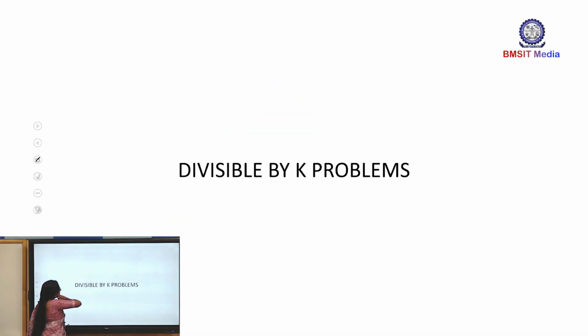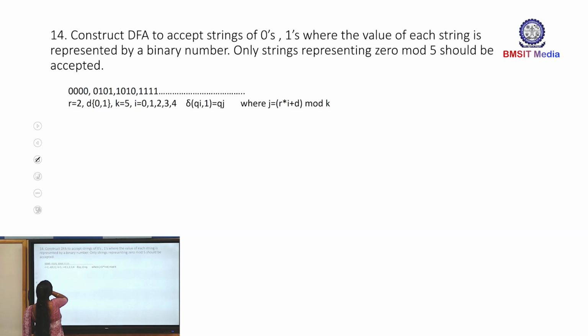Okay. So coming to the next set of DFA problems, we have the divisible by k problems. Let's see this problem. We have to construct a DFA to accept strings of zeros and ones where the value of each string is represented by a binary number. So the binary digits are 0, 1.